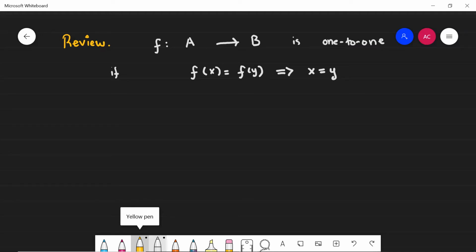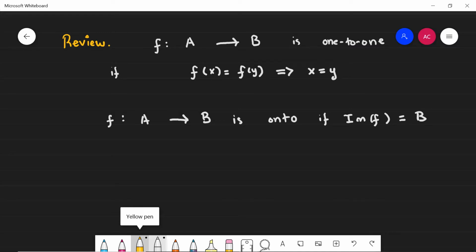And the function, again mapping A to B, is onto if the image of f is the entire codomain. The image of f is equal to the codomain B.